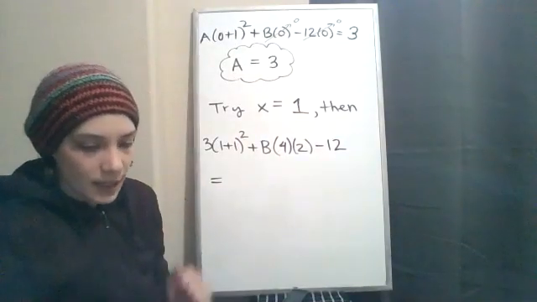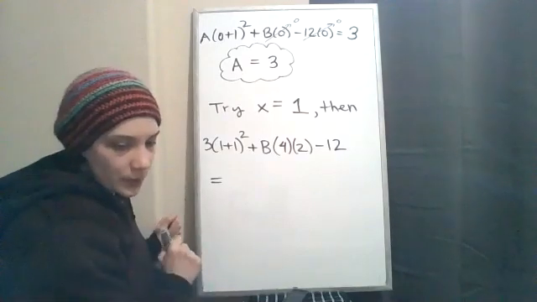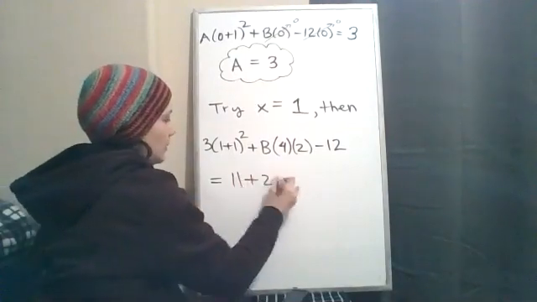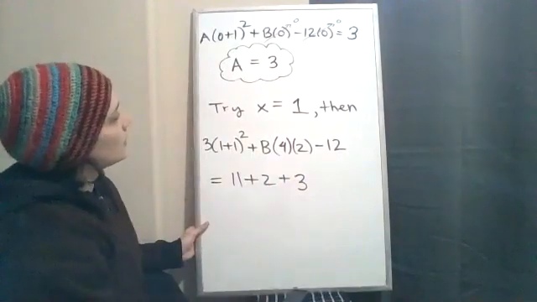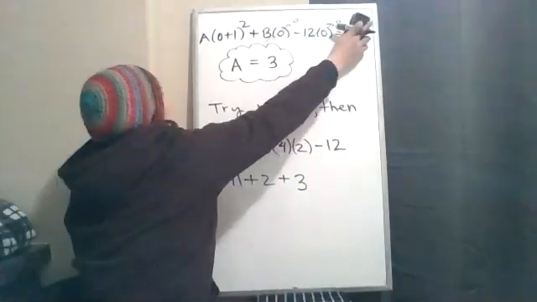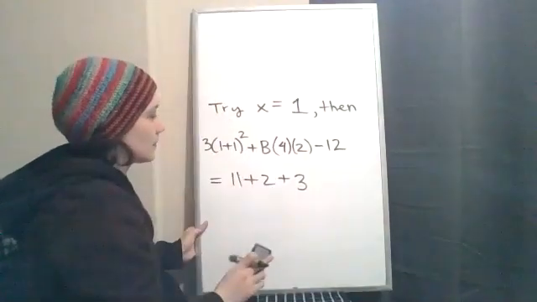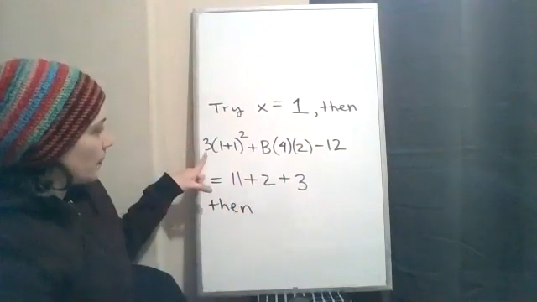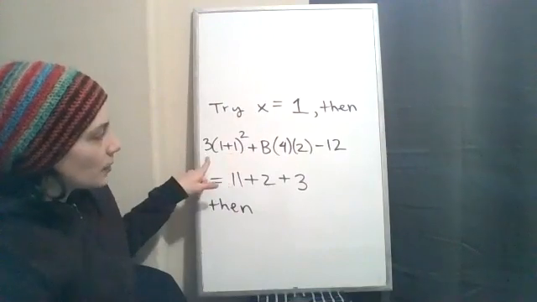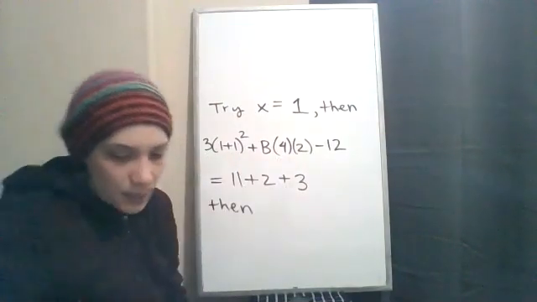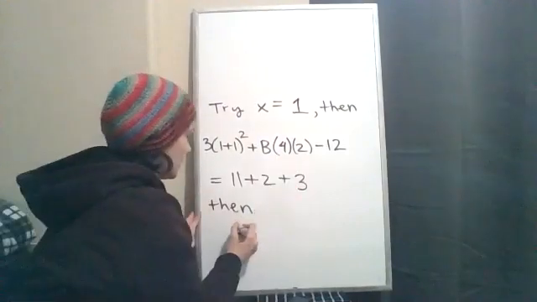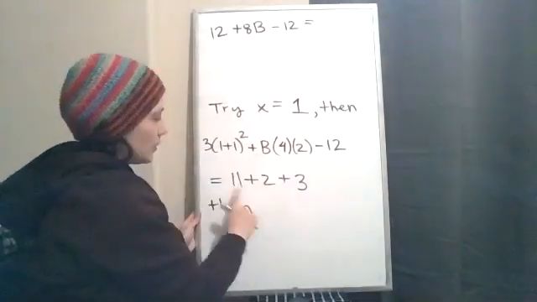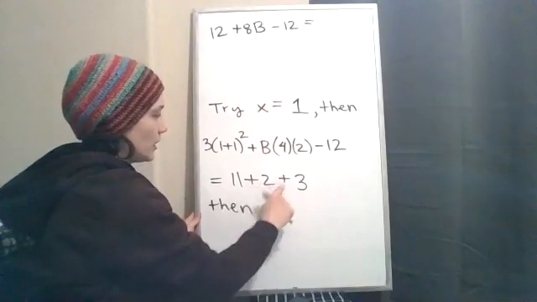Okay, the other side, plug in 1 to get 11 plus 2 plus 3. 12 plus 8b, and -12 is equal to, 11, 12, 13, 14, 15, 16.